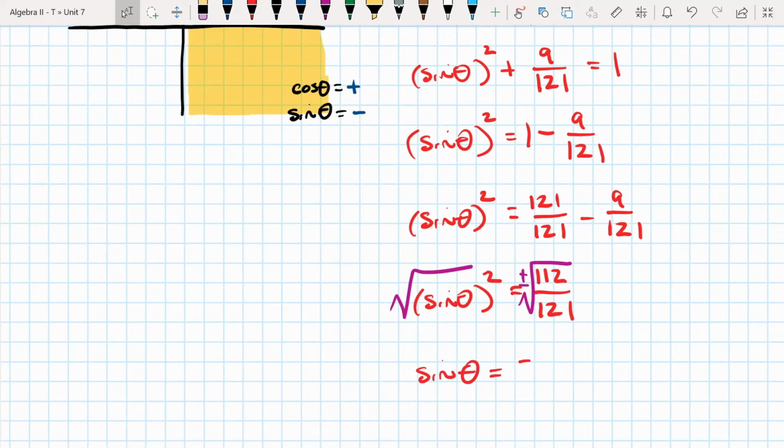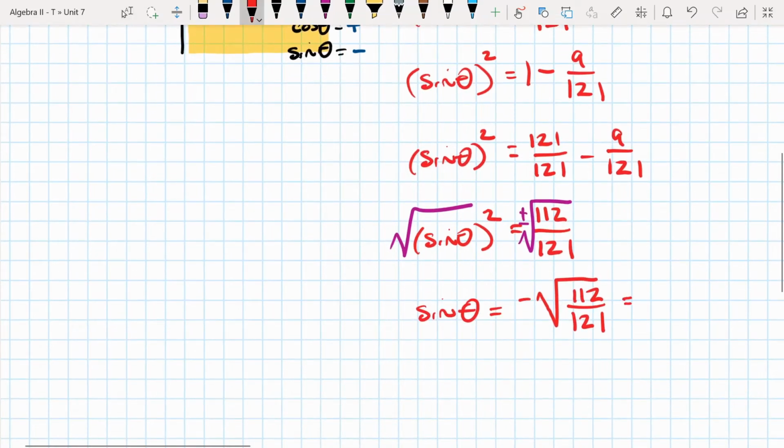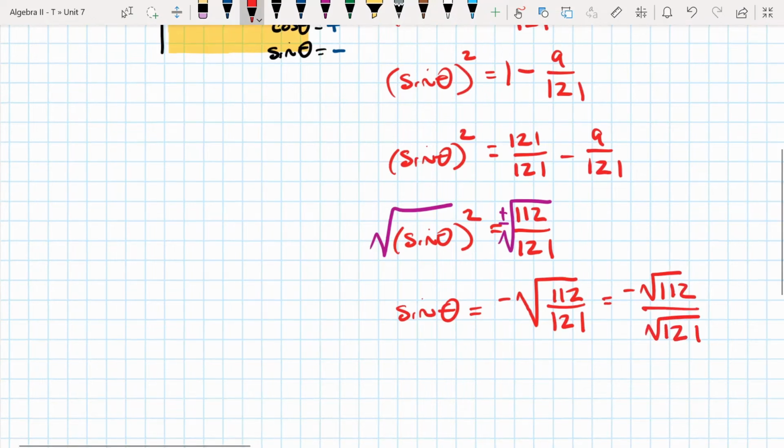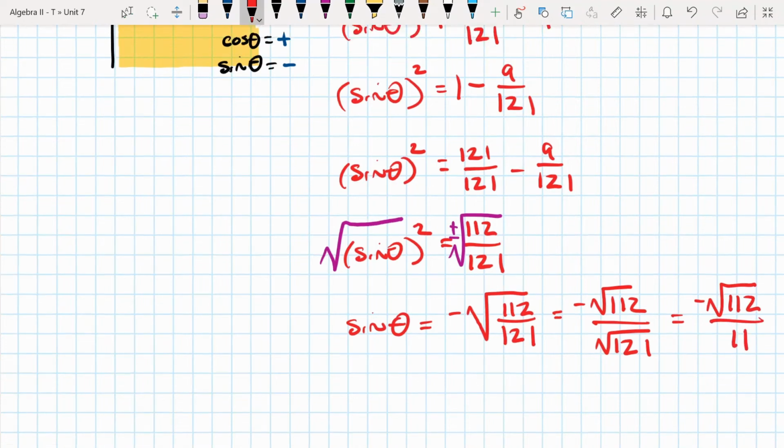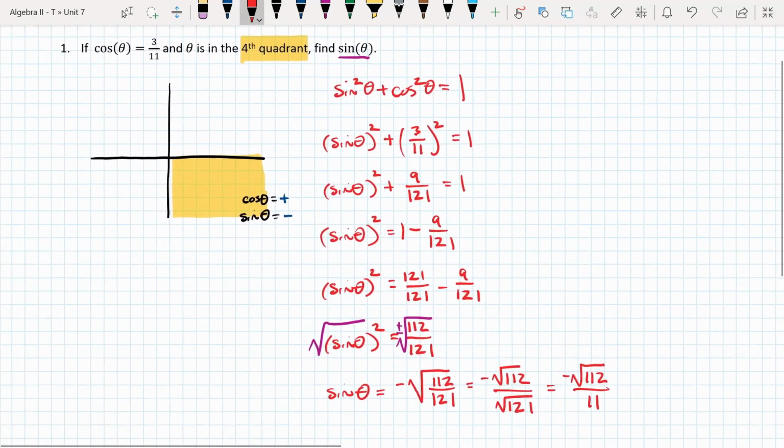So negative root 112 over 121. Then if you want, you can simplify this by taking the square root of the numerator over the square root of the denominator. We know the square root of the denominator is 11, so we can write our final answer like this. Okay, so that's our first example.